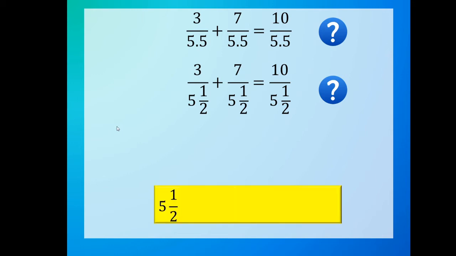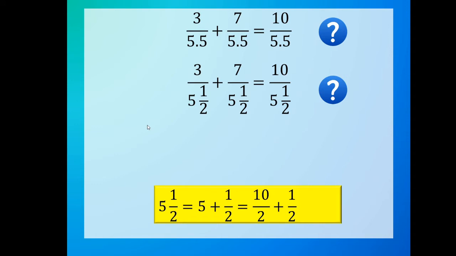Now let's exchange the mixed fraction for the improper fraction. 5 1/2 is equal to 5 plus 1/2. That would be equal to 10 halves plus 1/2. 10 divided by 2 is equal to 5, so I can change the 5 to 10 halves.